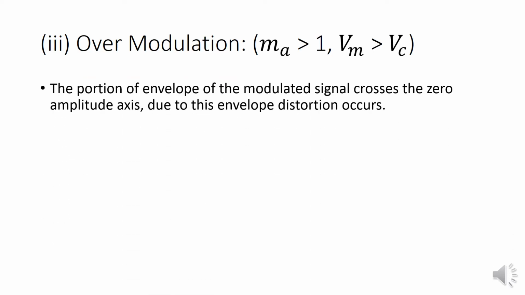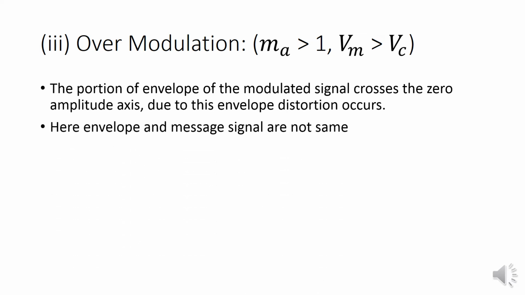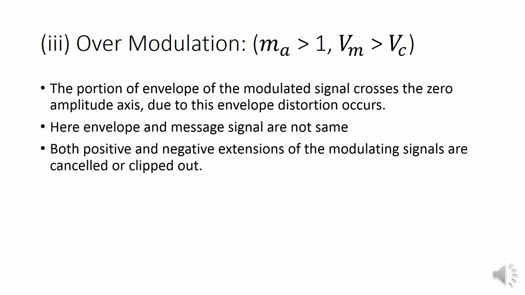In over modulation, Ma is greater than 1, and Vm is greater than Vc. The portion of the envelope of the modulating signal crosses the zero amplitude axis. Due to this, envelope distortion occurs, so the envelope and the message signal are not the same. Both the positive and negative extensions of the modulating signal are cancelled or clipped out.